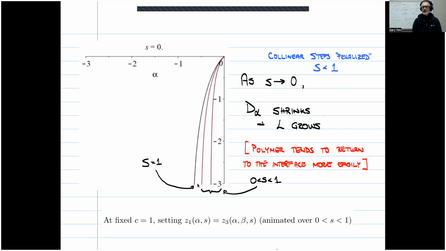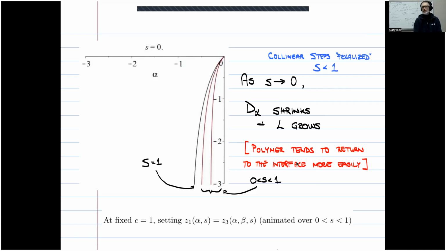And as S goes to 0, we see that these boundaries move to the right. And so what happens is that D alpha shrinks in this case, and the localized region grows. And again, that should also make sense because here the polymer will tend to want to turn back towards the interface more easily. So it'll be harder to delocalize and easier to localize around this interface. Okay.